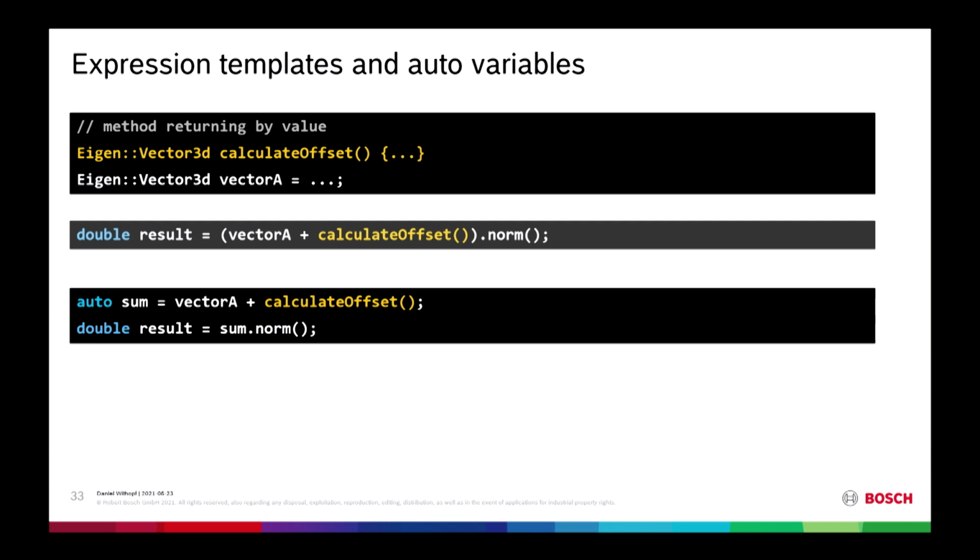Meaning we're storing a reference here to the result of calculateOffset, which is a temporary, an rvalue, meaning this is only valid on that code line. If we go to the next code line, you're accessing something that's no longer existing. So this is undefined behavior. You're accessing a dangling reference. And if you're lucky, the code crashes. You can fix it. If you're unlucky, it silently works and gives incorrect results or breaks at some later point.